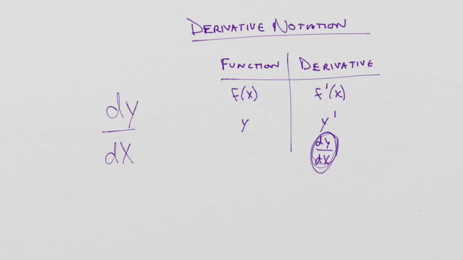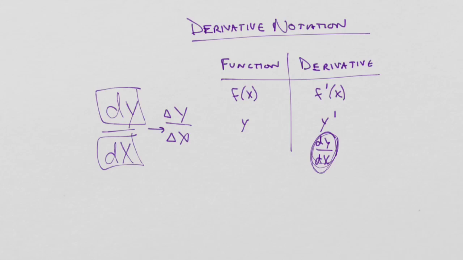First of all, just recognize that this thing is a derivative, and what Leibniz was trying to get at is that this d stands for derivative. You can think of it this way: what we have is the derivative of y over the derivative of x. Intuitively, this makes some sense when you compare dy over dx to a change in y over a change in x.